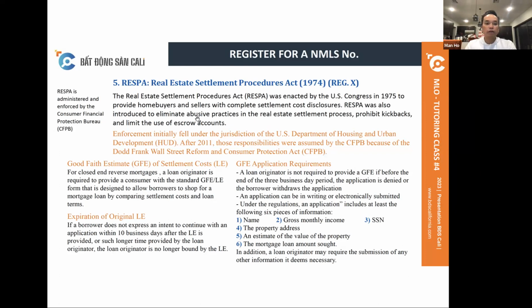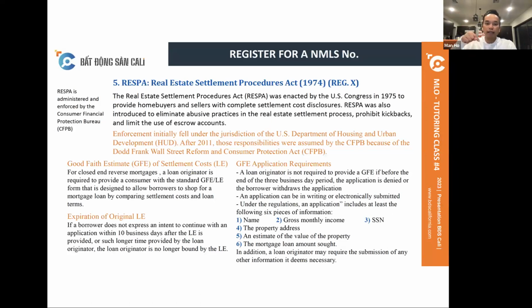All right. RESPA was also introduced to eliminate abusive practices. I think we already said that. Enforcement initially fell under the jurisdiction of the U.S. Department of Housing and Urban Development, which is HUD. After 2011, the responsibility for enforcement was assumed by CFPB.